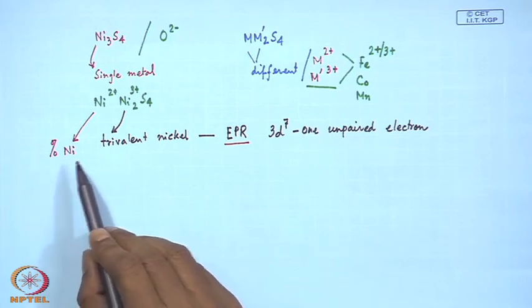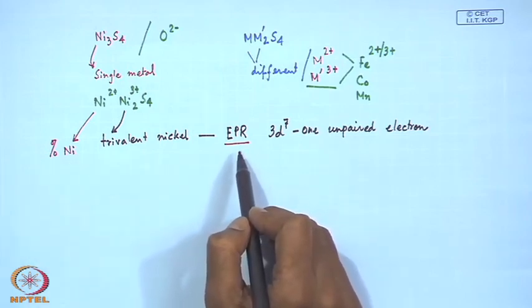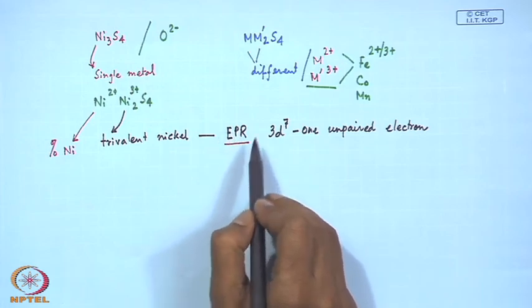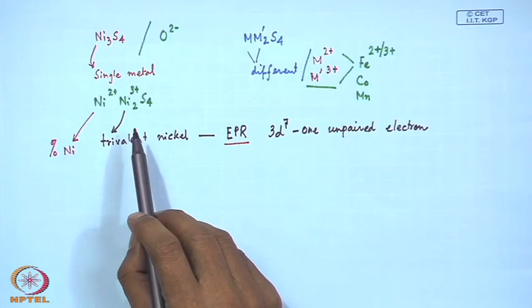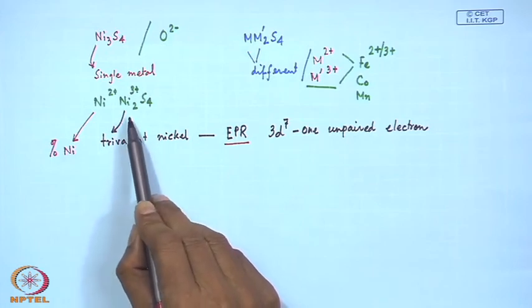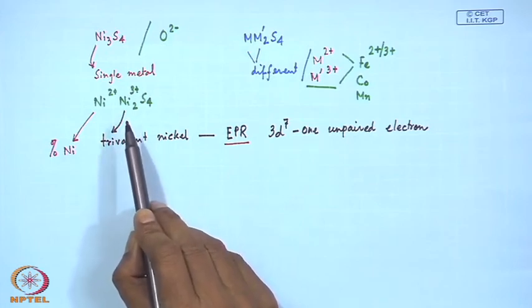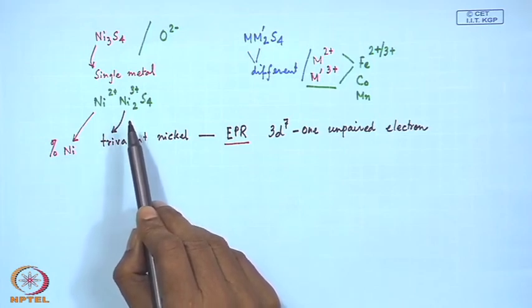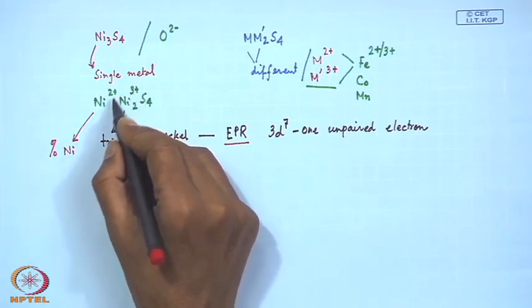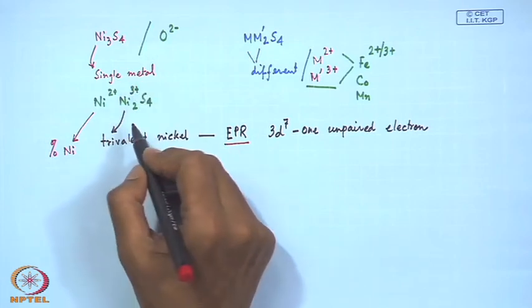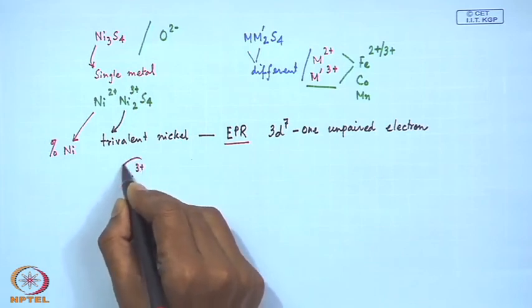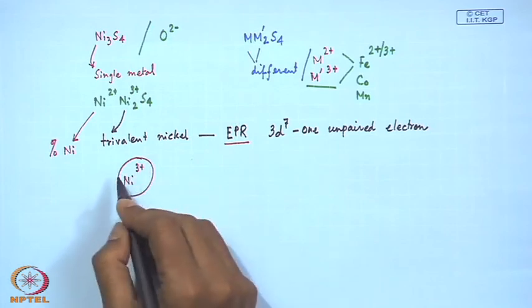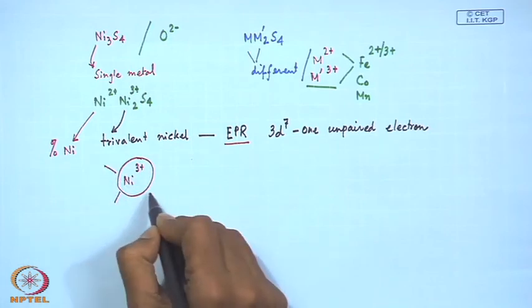Then we can find out the corresponding oxidation states, and if it is EPR active for its trivalent nature, we can safely conclude that this particular center can also be catalytically further reactive because of this unusual oxidation state of nickel, and the trivalent nickel in some biological systems we have also seen can only be stabilized in some sulfur environment.